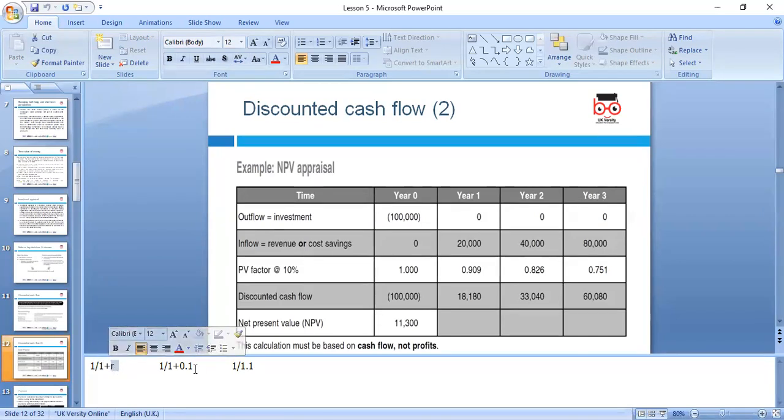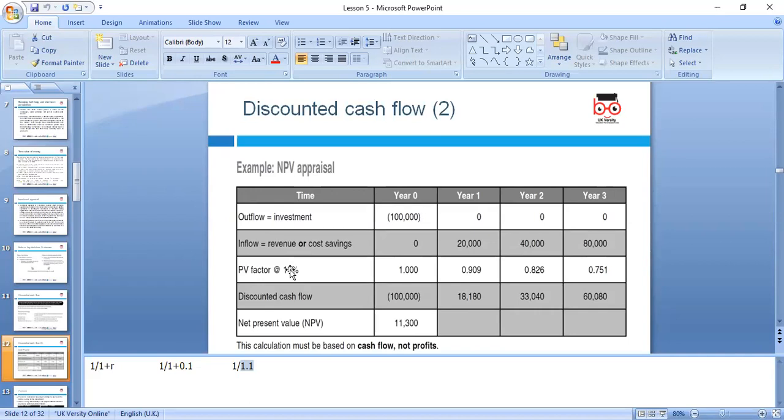If I say 10%, it means 0.1, so you do 1 divided by 1.1, and your answer is 0.909. Whatever answer you have, if you carry on dividing by 1.1, the £1 value drops to 82 pence in year 2, and in year 3 you divide again by 1.1. This 10% can be 15, 20 or 8, depending on your cost of capital. You have to use your judgment.